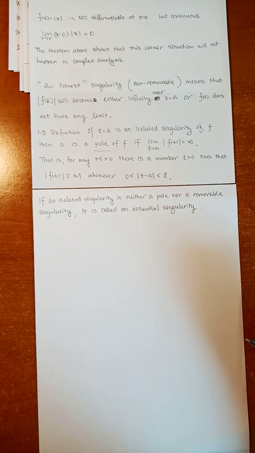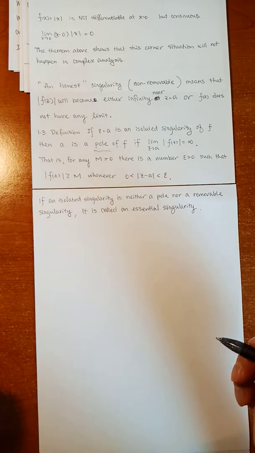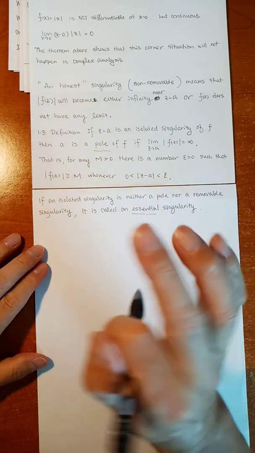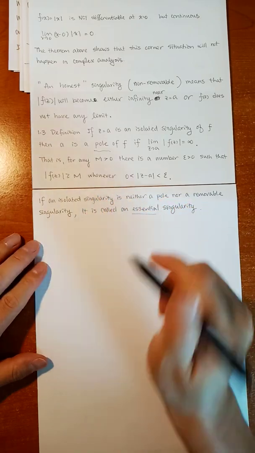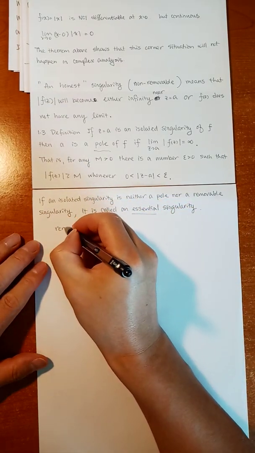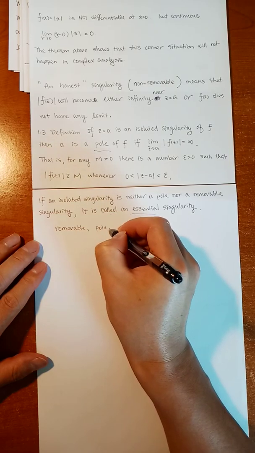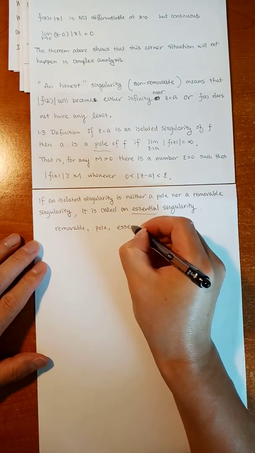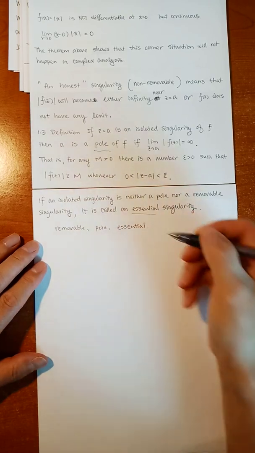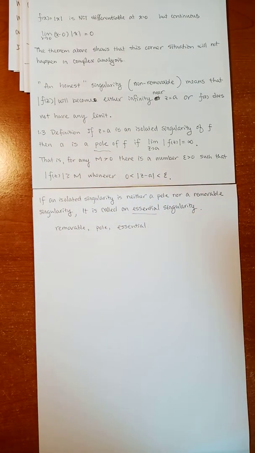Essential singularity. Okay? It's not a pole, not removable, it's called essential. So we have three types of singularity: removable, pole, and essential. Removable, pole, and essential.